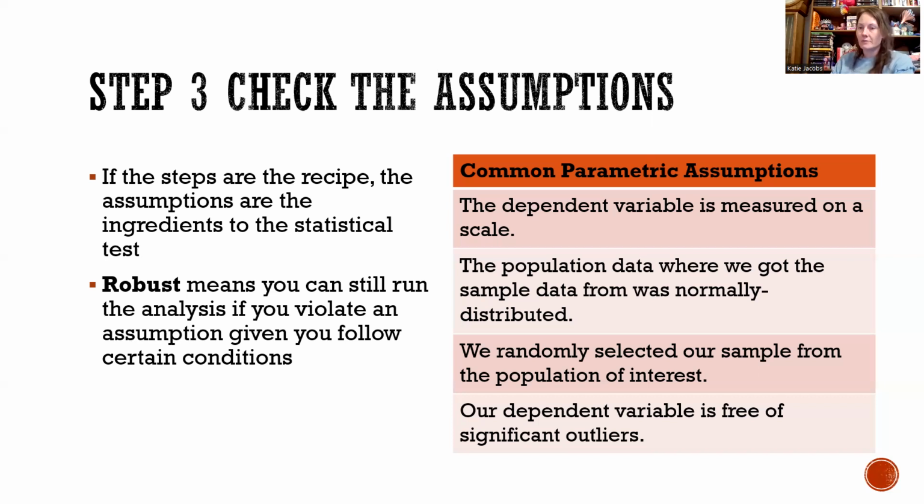In other words, if we put our sample data onto a histogram, it would follow the normal curve if it came from a population that had normally distributed data. Another common parametric assumption is that we randomly selected our sample from the population that we're studying. And then a fourth common parametric assumption is that our dependent variable is free of significant outliers.